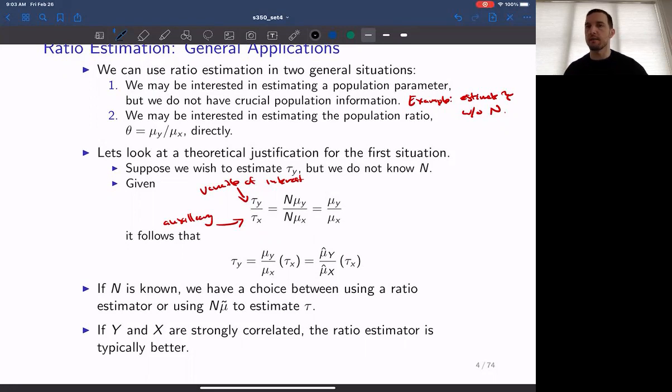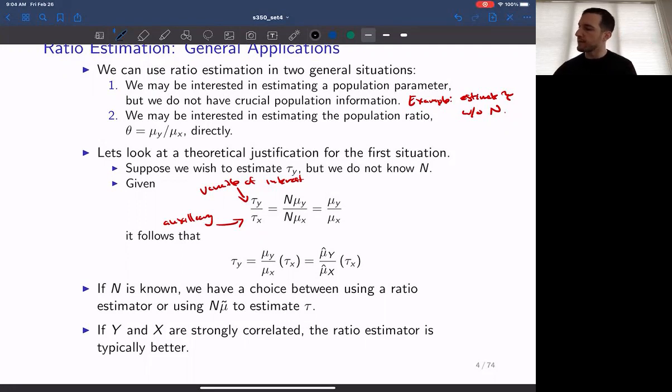So in that context, which we can think of as situation number 2, we're actually going to estimate the population ratio directly. At the end of last class, we briefly talked about the first situation where we are interested in using ratio estimation to estimate a population parameter, for example, the total, but we are missing a key piece of information, for example, the population size.